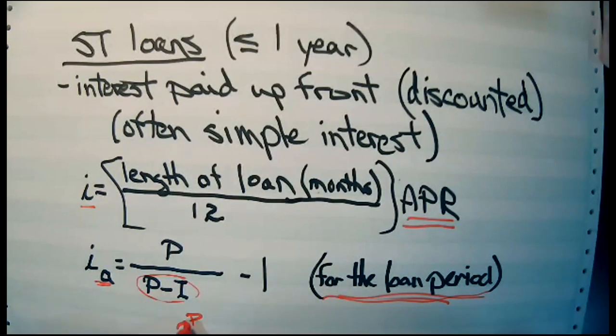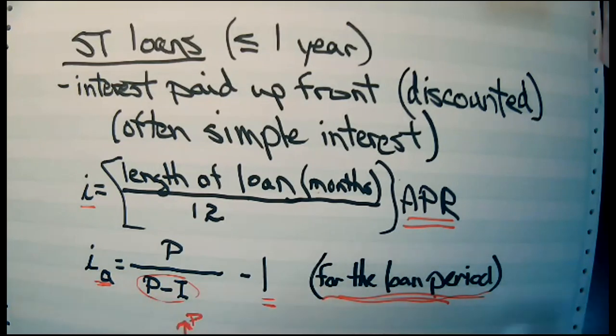You borrowed P, but you didn't get it all because you paid I, right? You had to end up paying out of pocket the interest. So it's that ratio minus 1 to get the decimal for the interest rate. And that's your effective rate for the loan period.